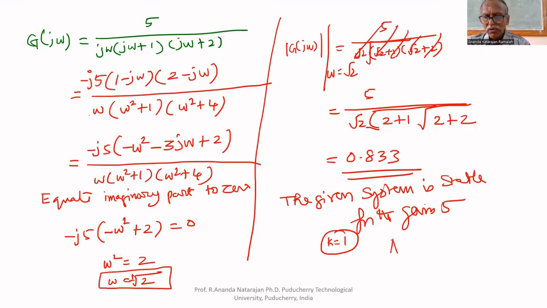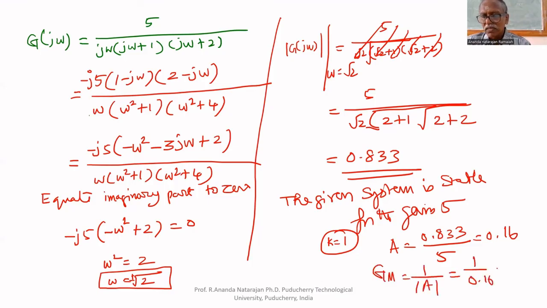Therefore, A equal to 0.833 divided by 5, how much? 0.16. Therefore, gain margin equal to 1 by modulus of A, that is equal to 1 by 0.16, equal to how much?